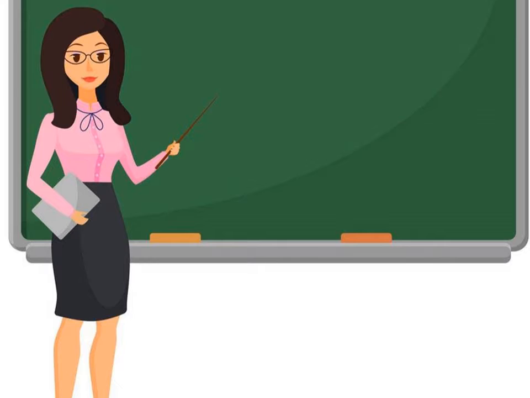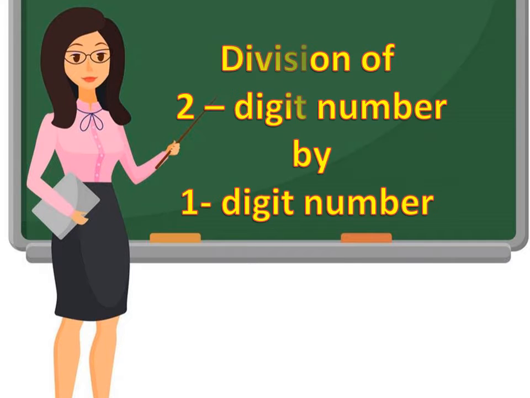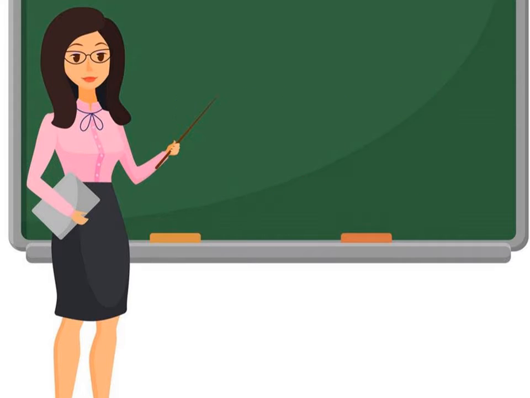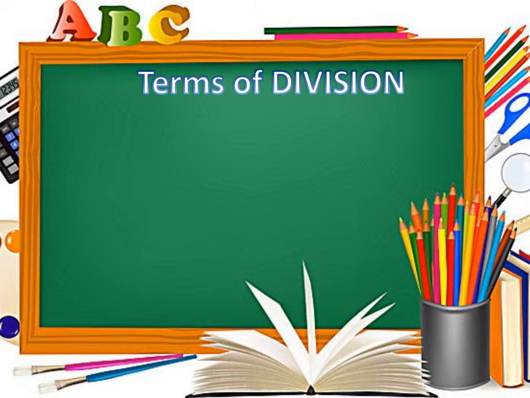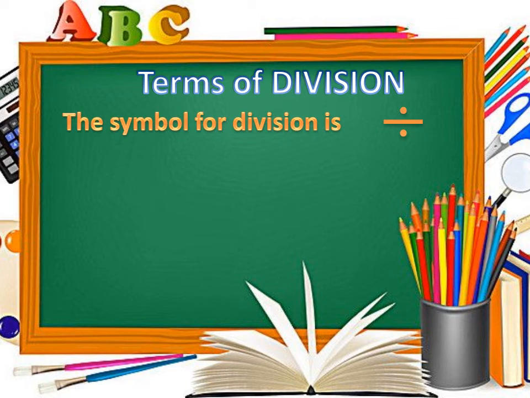Now, we will see how to do division of a two-digit number by a one-digit number. Before that, let us see the terms of division. We know the symbol for division is divided by.